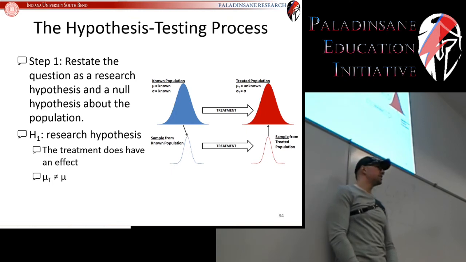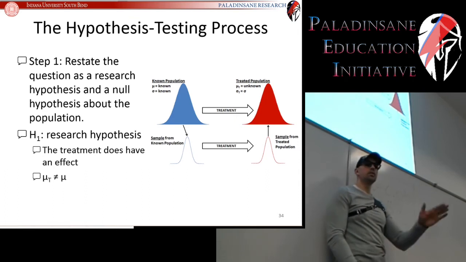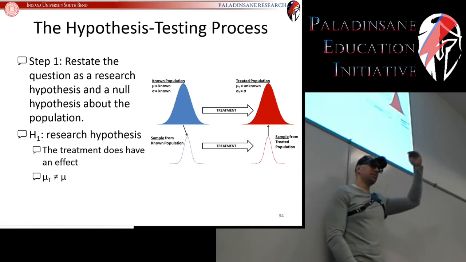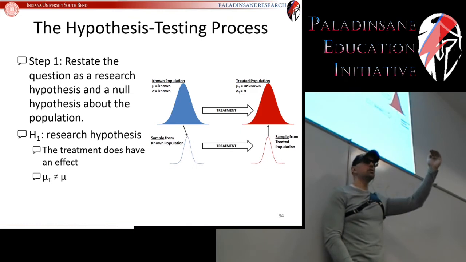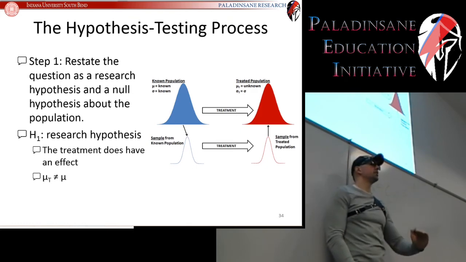And notice that this is a bidirectional, 2-way research hypothesis. We're going to start with this one. There is another version of it. But this one covers your treatment makes things better, and it also covers your treatment makes things worse. It covers your treatment increases scores, and it also covers your treatment decreases scores.